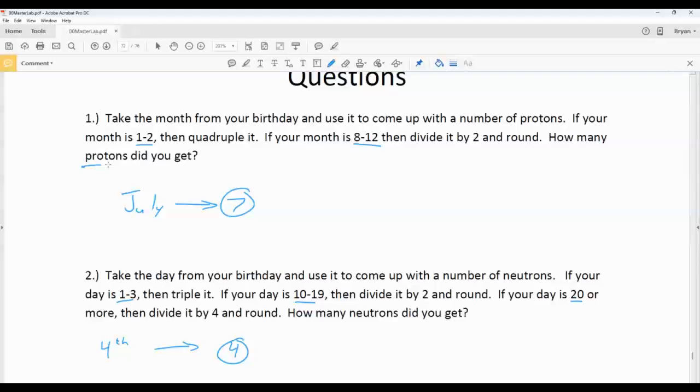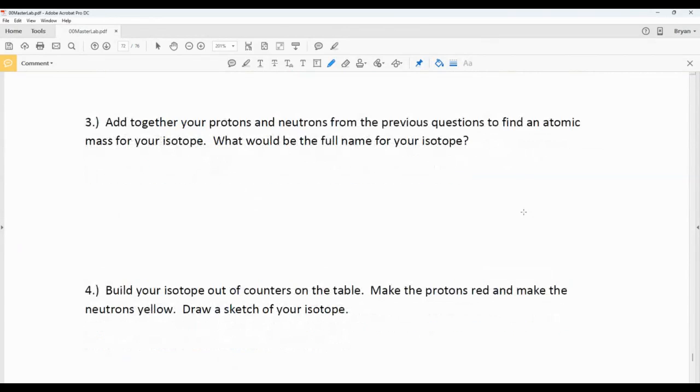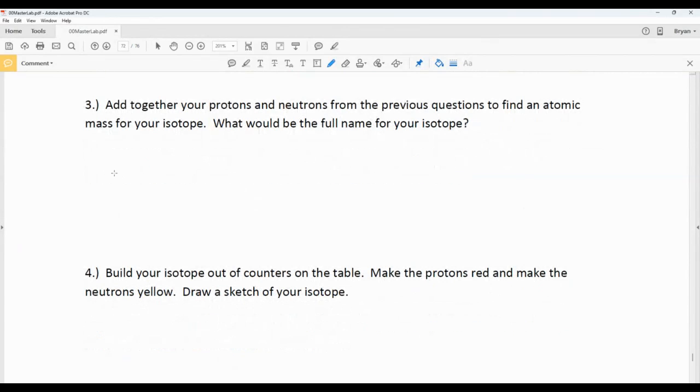So the 7 is going to be the number of protons, and the 4 is going to be the number of neutrons. And we want to see what kind of a thing that would make. From a periodic table, the 7 protons would tell us that we're dealing with nitrogen.